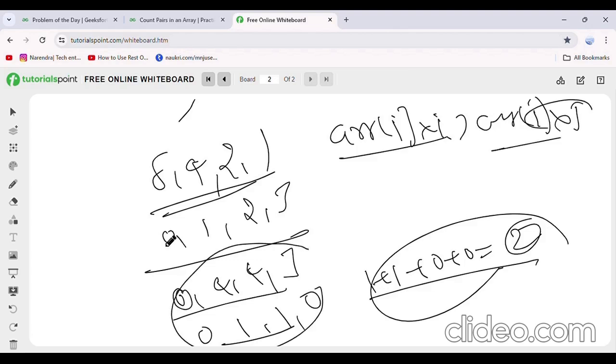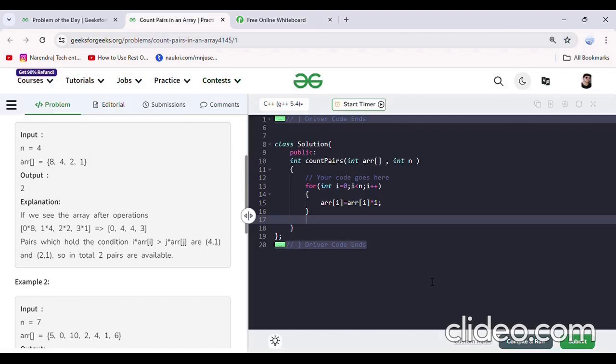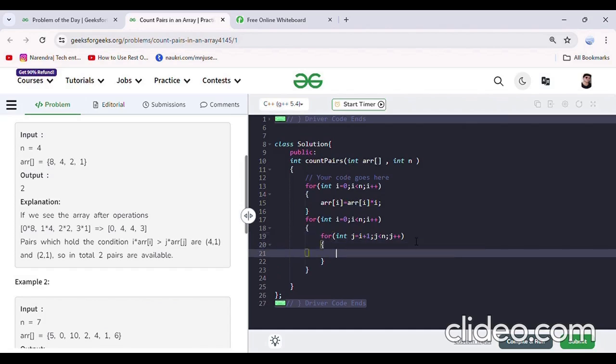This problem we can do easily by using two loops, whose time complexity is n square, and I will write the code for that. So for int i is equal to 0, i less than n, i plus plus, and for int j is equal to i plus 1, j less than n, j plus plus. And if arr[i] is greater than arr[j].